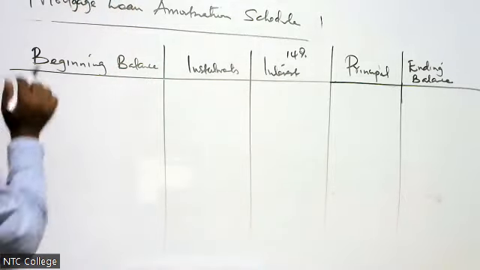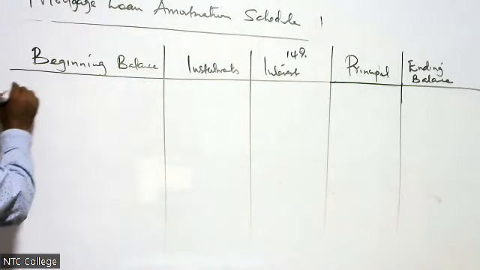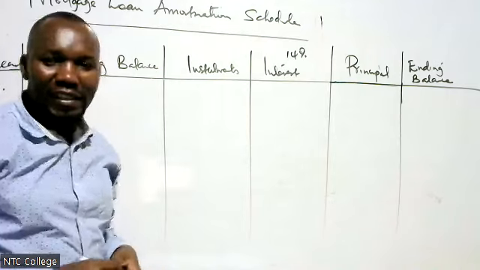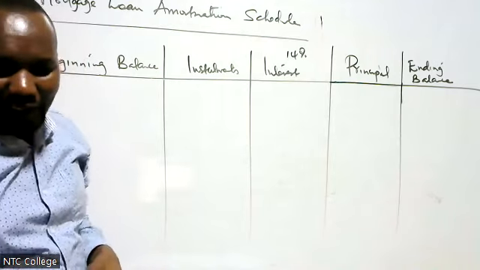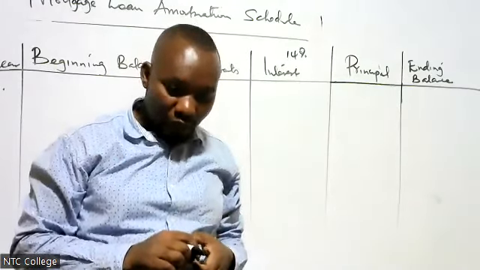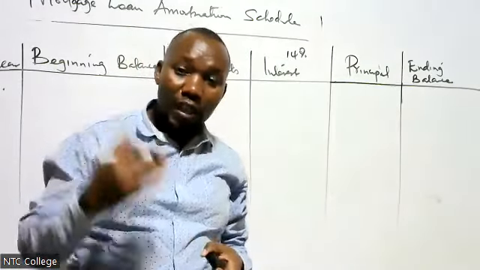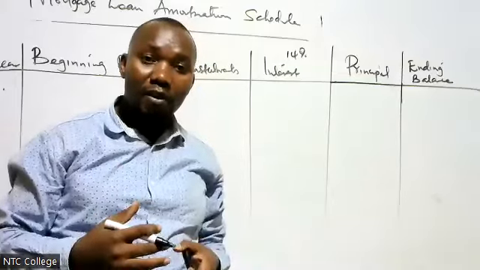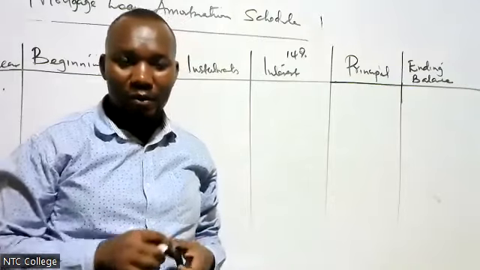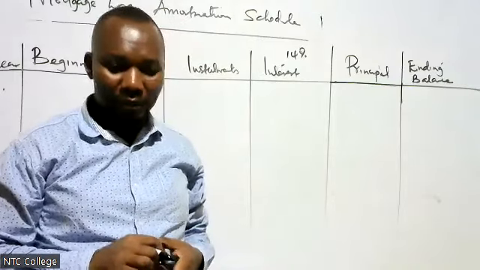So okay, let's start with 10 million. So we are saying that in year 1, we have here. Na here I'm sure haiwezi kushinda because there is a rule that says that when you take a loan, the interest should not grow more than the principal. Sawa.